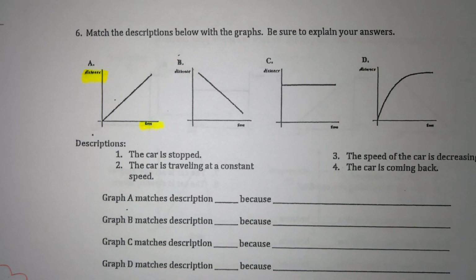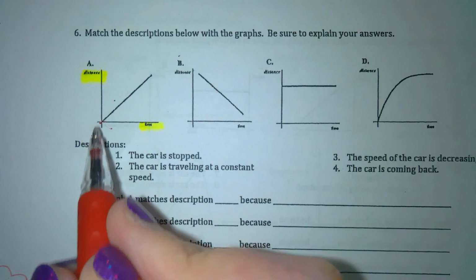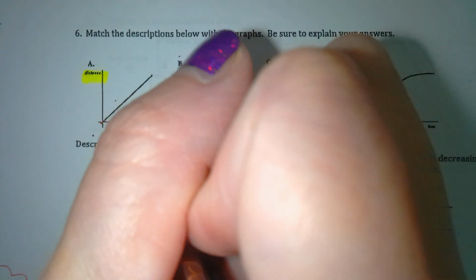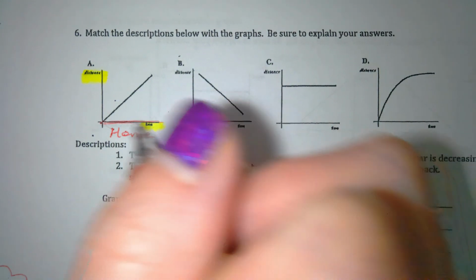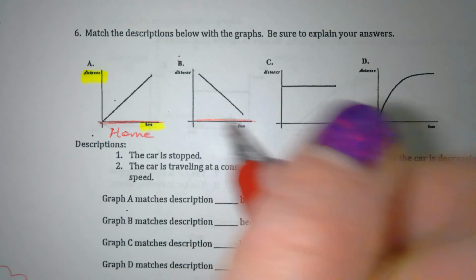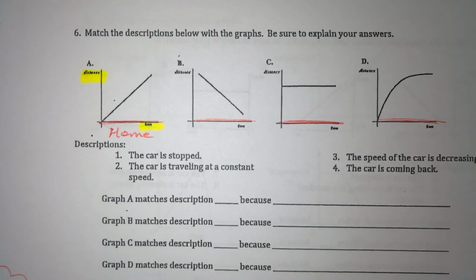These are all distance from home, and your home is not just at this corner. Your home, or wherever you're starting from, is all along this x-axis.